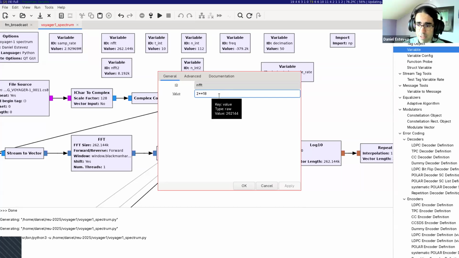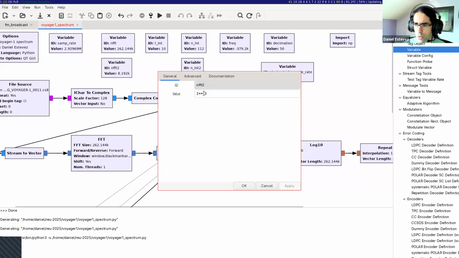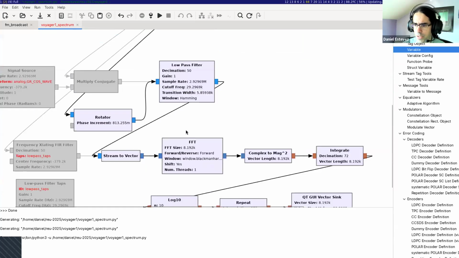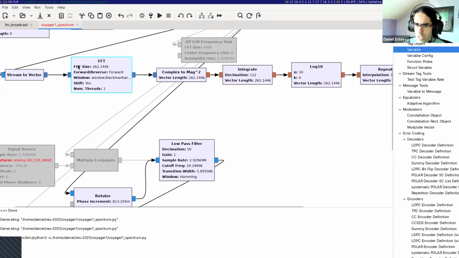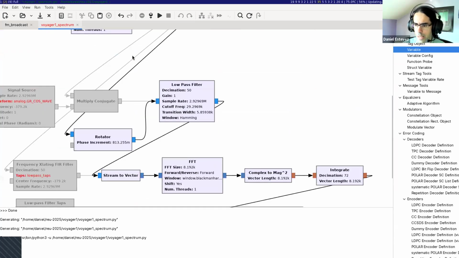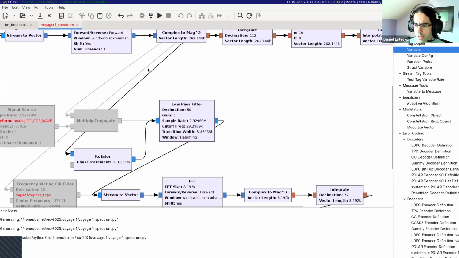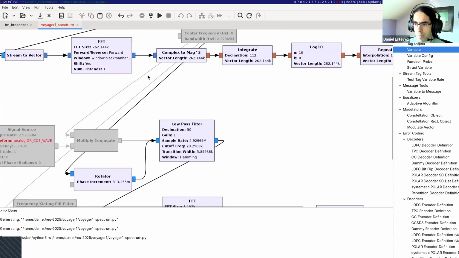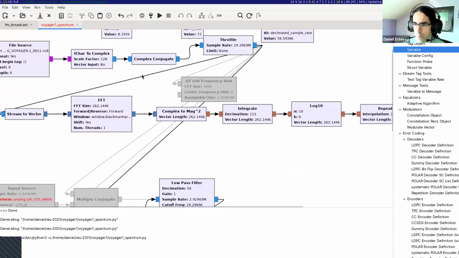I'm dividing by 64, which is a power of 2, to give me another power of 2, and that is 2 to the power 13. It is the same as 2 to the power 18 divided by 64. So yes, I need a different FFT size in these two because they use different sample rates. So to have similar frequency resolution, I need to account for that. The FFT size depends on the sample rate and the frequency resolution.